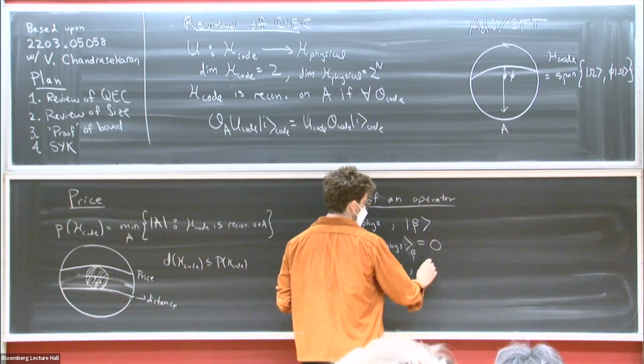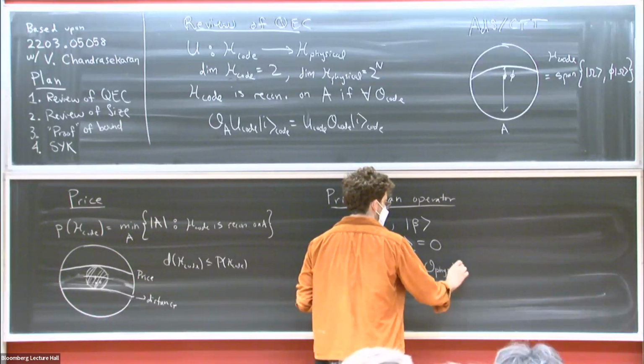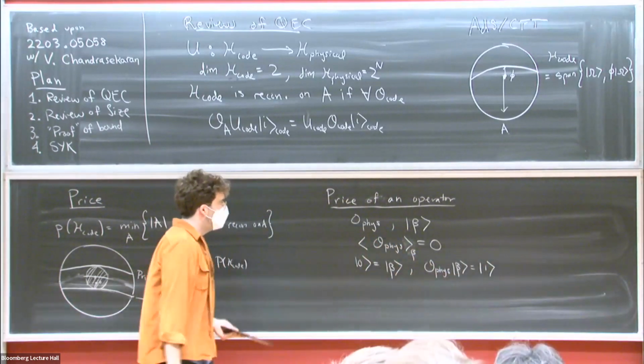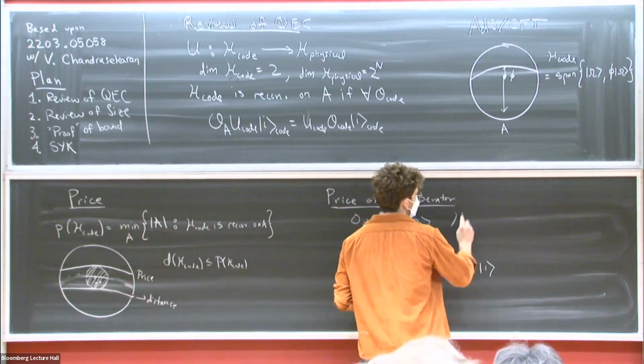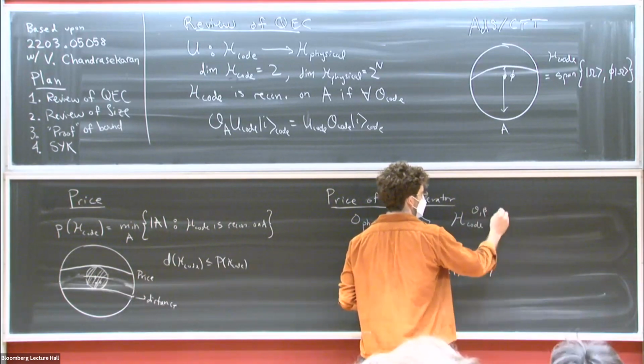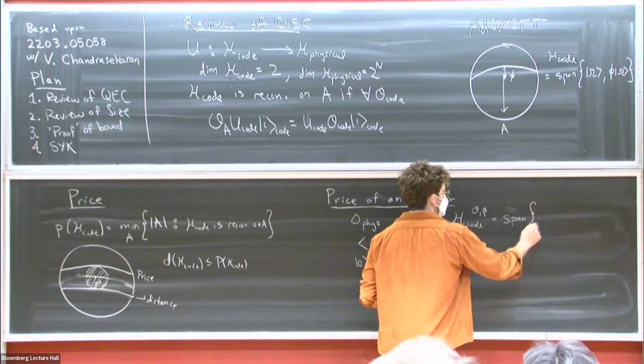I have the 0 state, and I have O phys acting on beta, which I'm going to call the 1 state. I can associate to this a code subspace of my physical Hilbert space, which I'm going to call H code of O and beta, which is just the span of these two states.